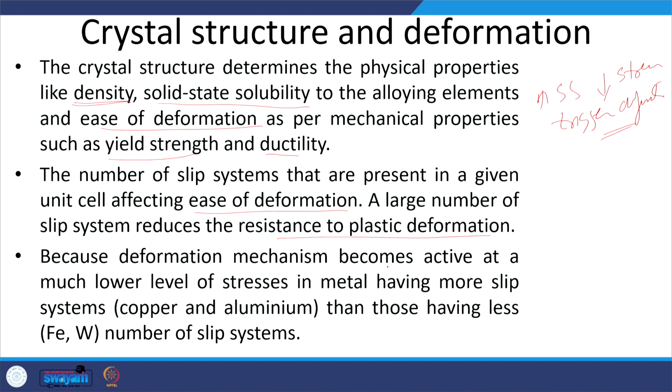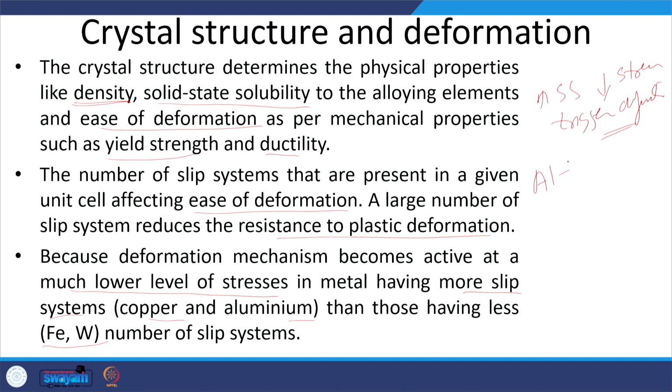Because deformation mechanisms become active at a much lower level of stress in a metal having more slip systems, like copper and aluminum in FCC metals, than in those having fewer slip systems, like iron and tungsten.